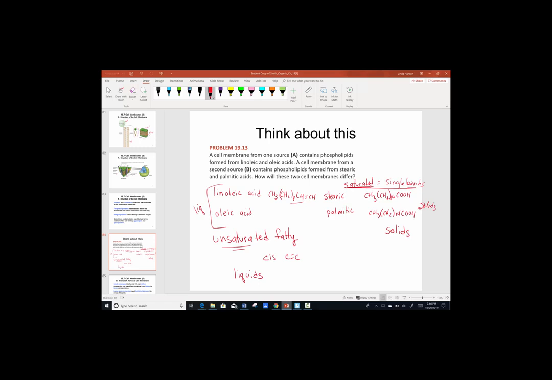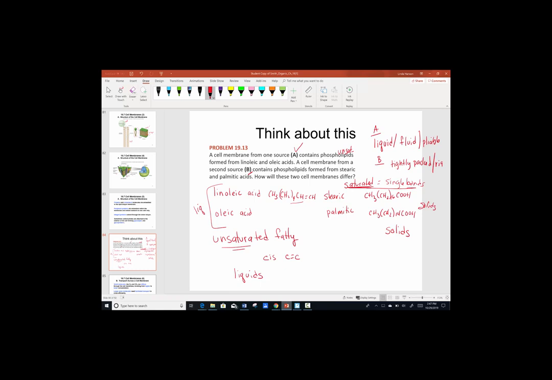So I would expect membrane A with these unsaturated fatty acids to be more liquid, more fluid, more pliable might be another good word. Whereas membrane B, whose fatty acids are saturated, would be very tightly packed, more rigid.